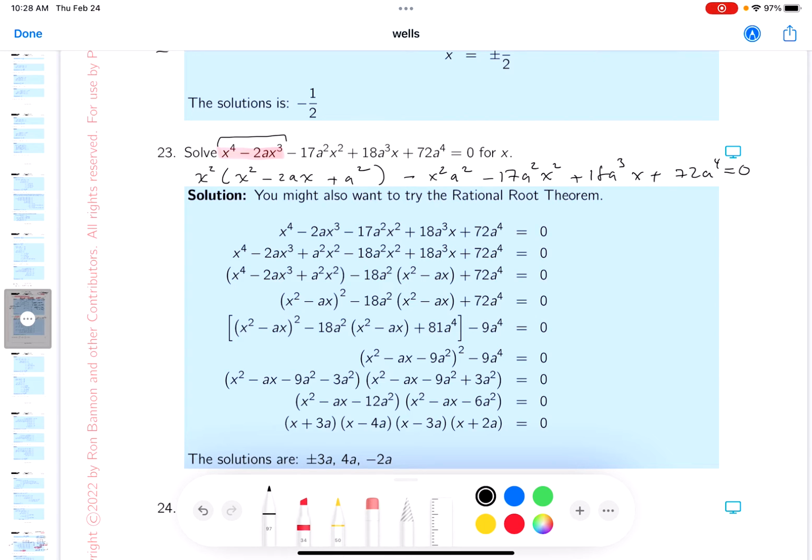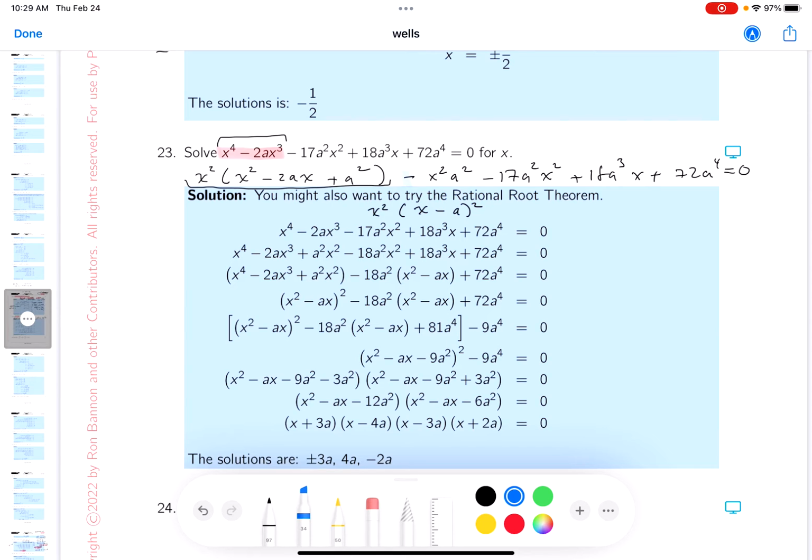All right, I'm going to look at this thing first. And the whole point of this was to recognize a square. I see it. And what do I see? x squared, and then I see x minus a squared. All right, I'm going to do the next thing.